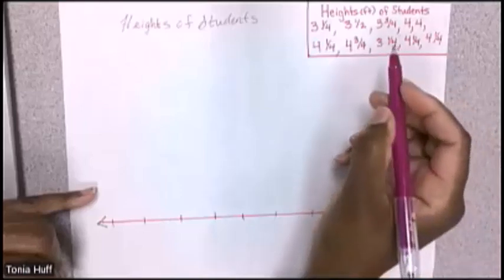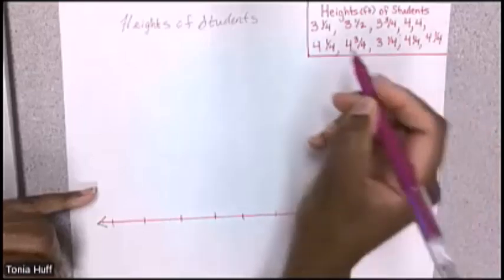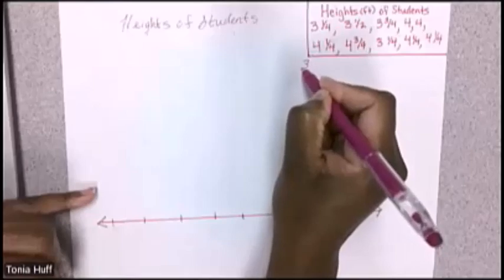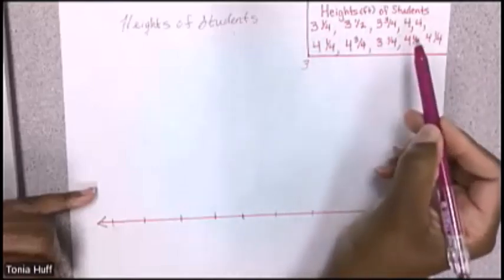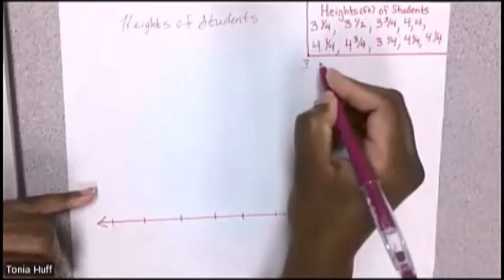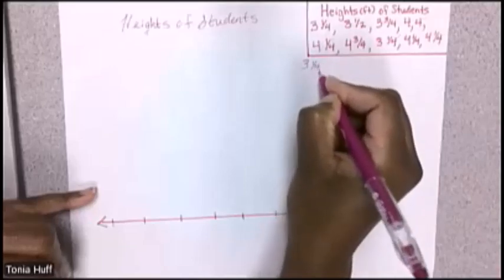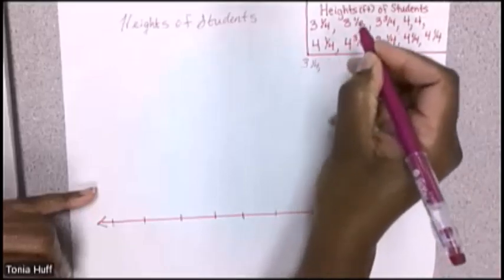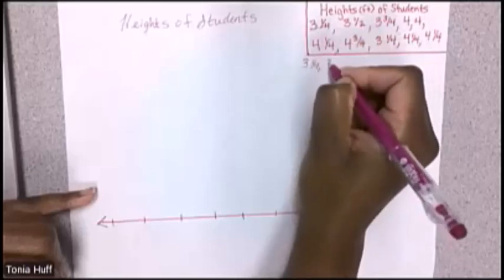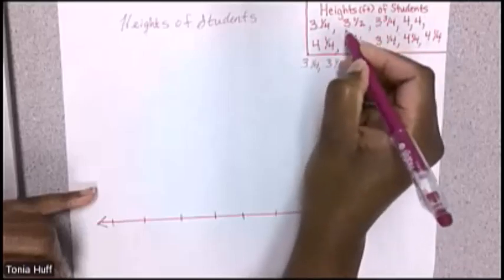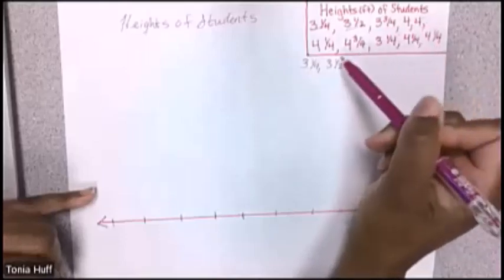So I'm going to start with 3, and I know 3 1/4 is less than 3 1/2, so I'm going to place 3 1/4 first. Then I'm going to place 3 1/2. See if I have any more.